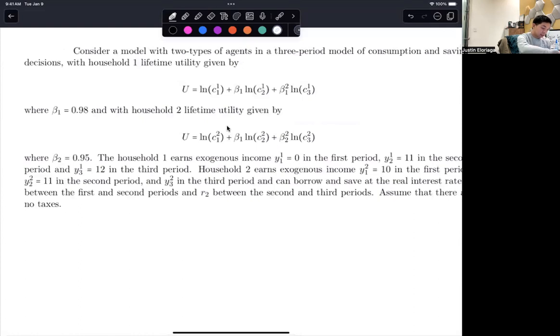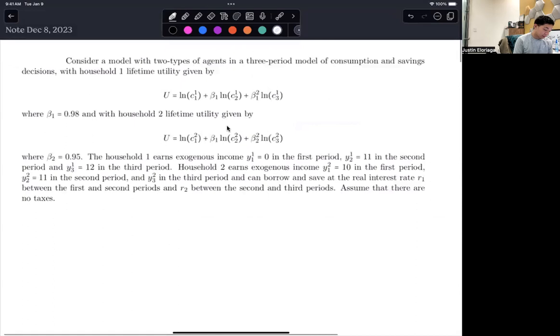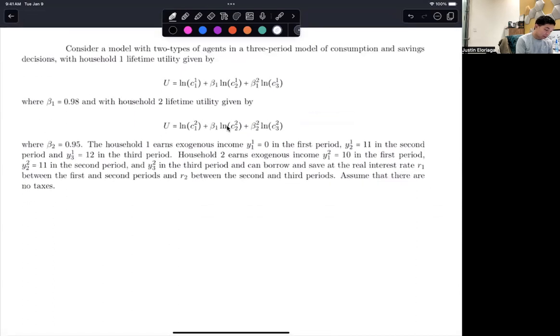So we're given a problem that says, consider a model with two types of agents, and these agents live for 3 periods. The utility is given by a log utility function for both, wherein there's a different beta for each agent. So beta 1 is equal to 0.98 and beta 2 is 0.95. We also know the following.